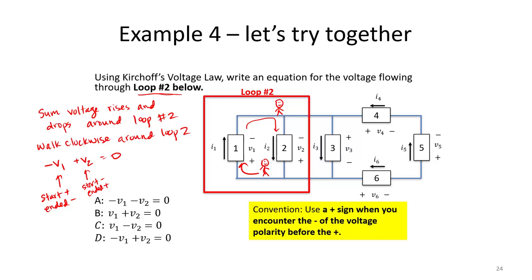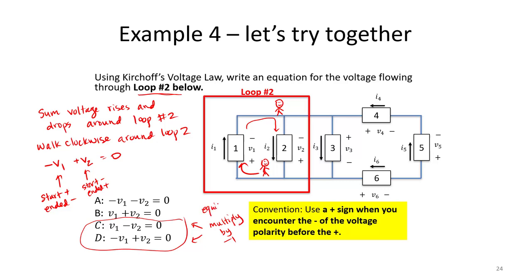So therefore, the correct answer for this question, depending on your convention, you might have gotten either choice C or choice D. You'll notice that these are related by multiplying by -1. Basically, you'd mathematically get the same thing either way.